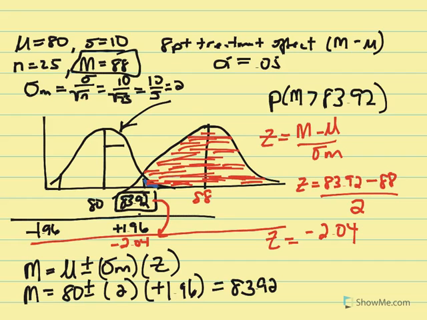When we calculated 83.92 originally, it was based on our alpha of 5%, which meant our critical region was set at positive 1.96. Then we calculated what the sample mean would be equivalent to a z-score of 1.96. That was this process here.